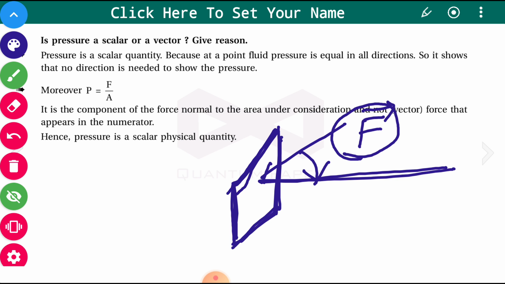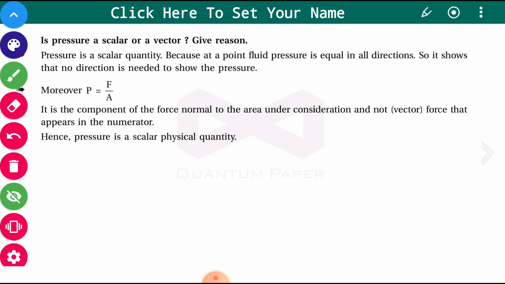The component of the force which we have to take is in the direction perpendicular to the surface. That is why this component is not a vector quantity. It is the component of the force normal to the area under consideration, and not the force vector itself. So pressure is a scalar physical quantity.